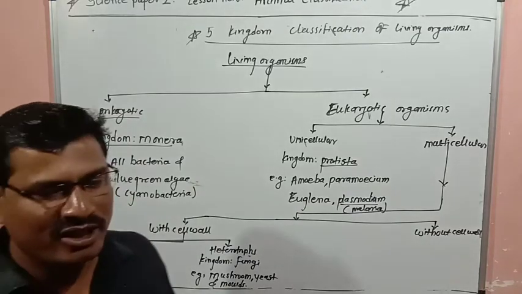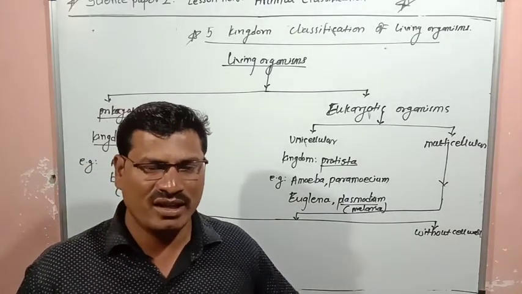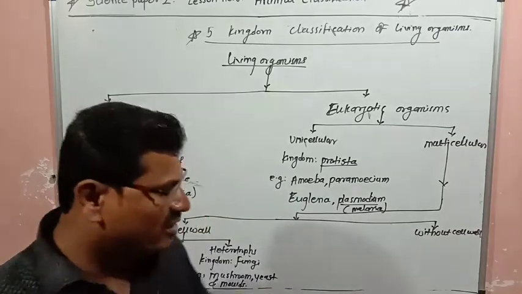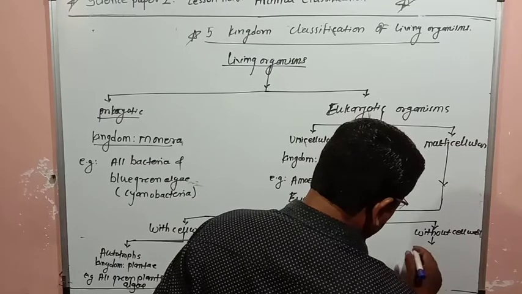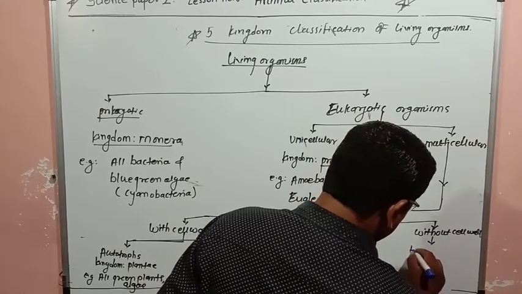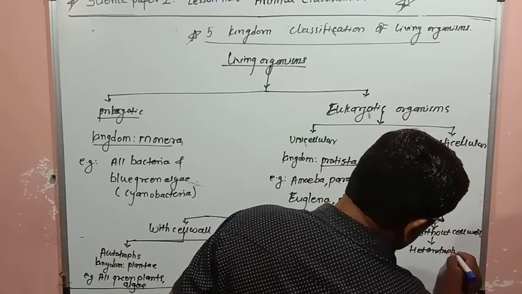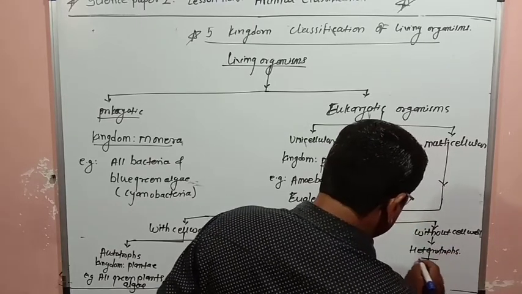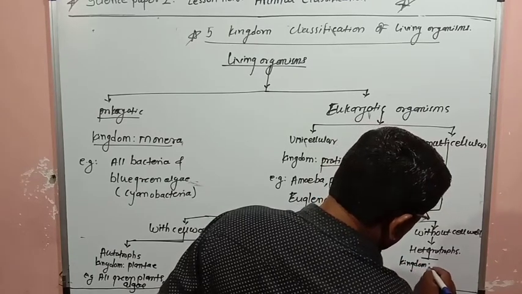And one more is there, kingdom Animalia, and these are heterotrophs only. Here also, without cell wall, animals are there. In that, one kingdom is there, kingdom Animalia.